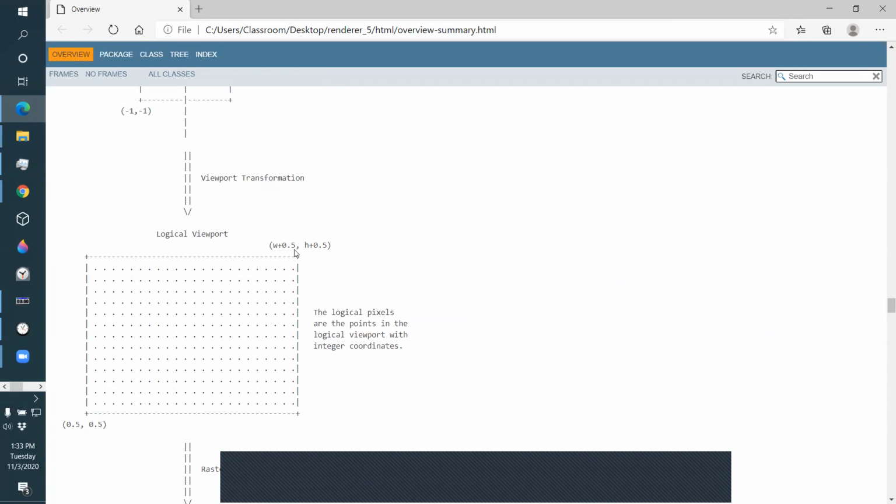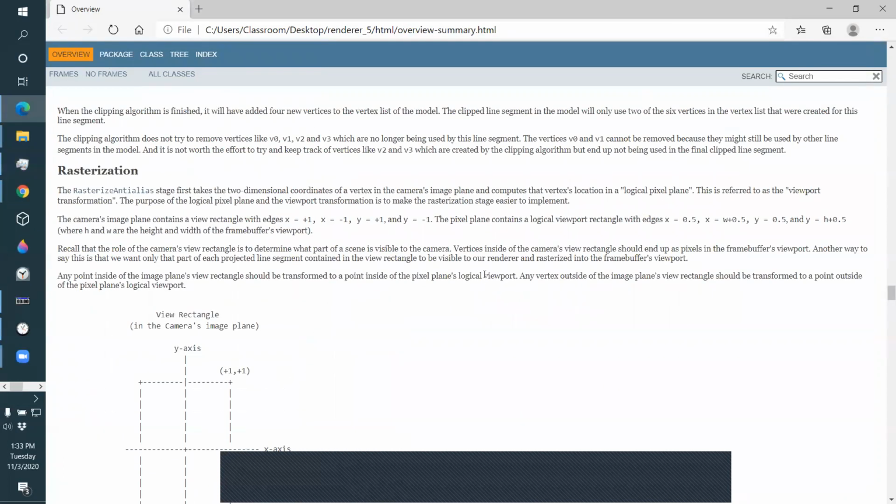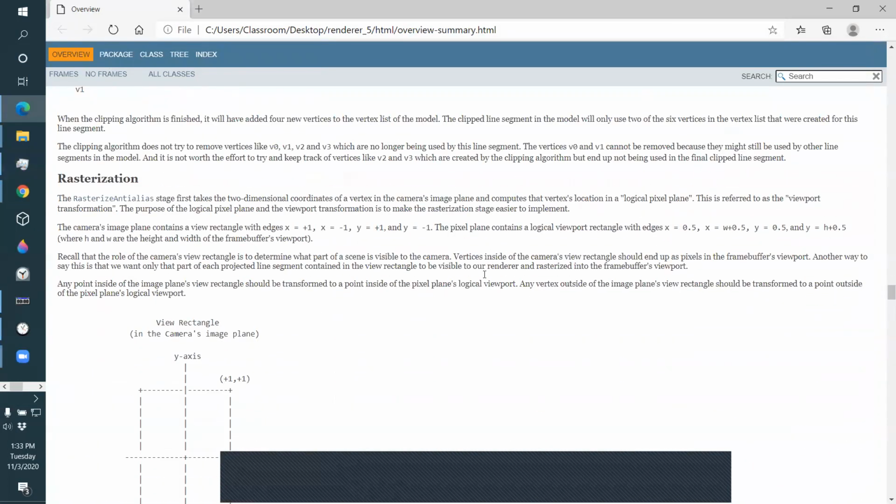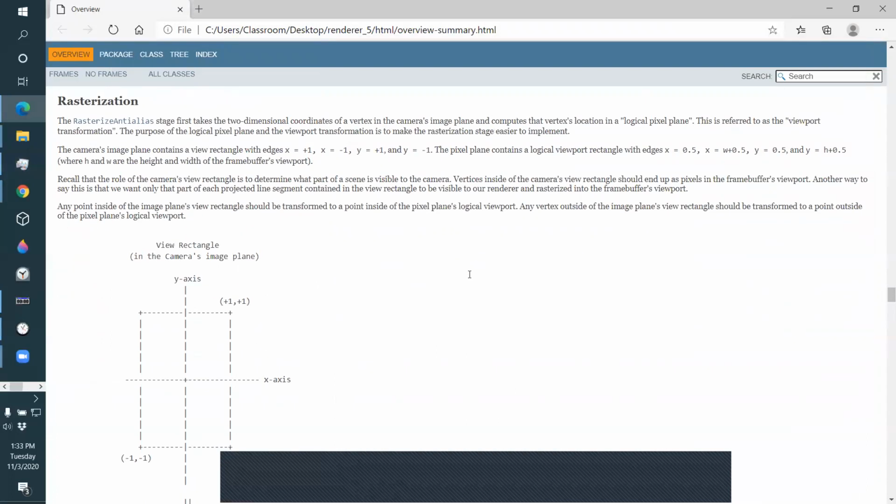And you won't ever land on this corner. The reason you won't land on that corner is that this edge is really not part of the view window. There's an inequality. The transformations are set up so that this edge is not really included, and neither is this right-hand edge.